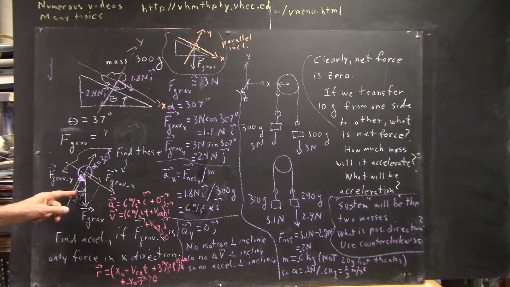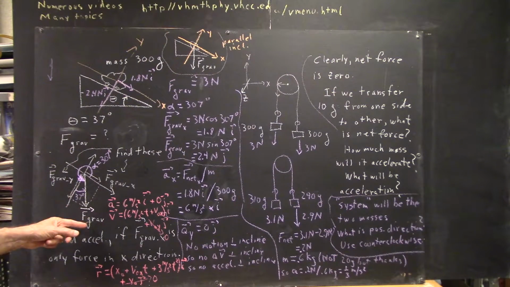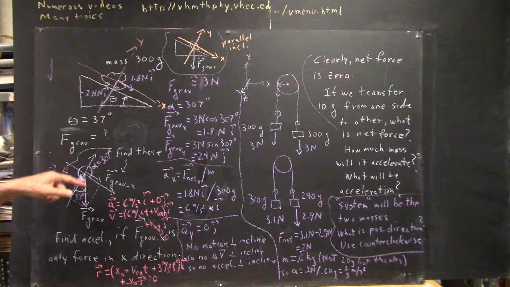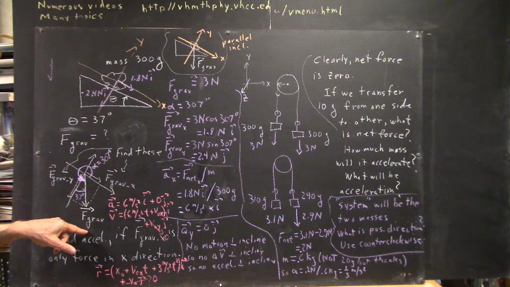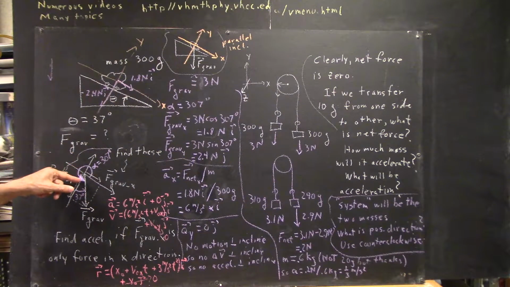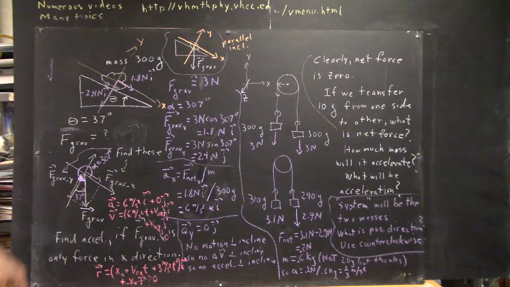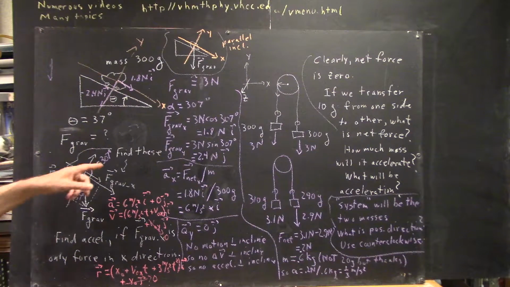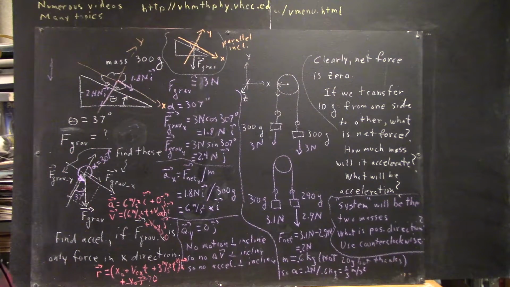So that 37 degree angle between the y-axis and the gravitational force, 37 degrees clockwise from the y-axis to the gravitational force, results in an angle from the positive x-axis of what? 90, 180, 270, plus 37 degrees. So now you have a 307 degree angle, and we'll see what good that is in just a second.